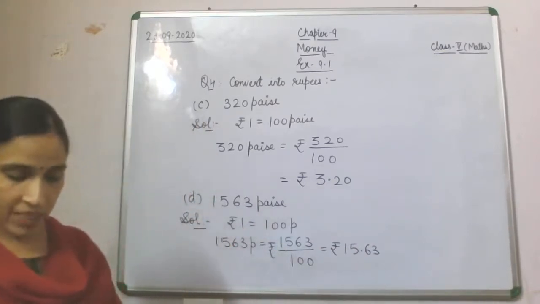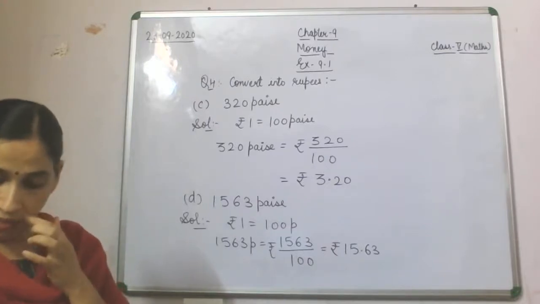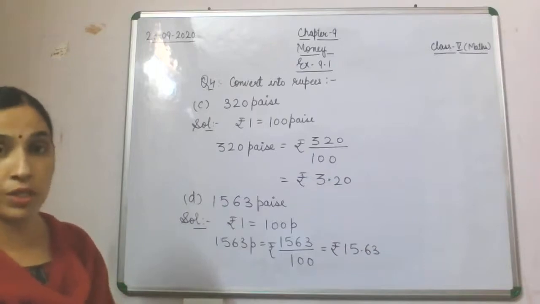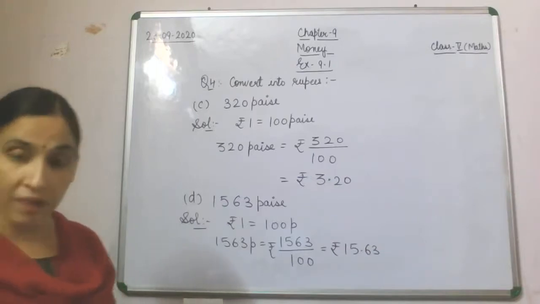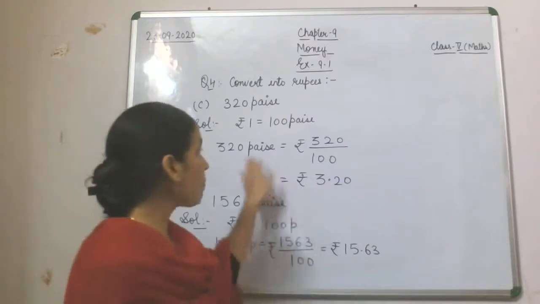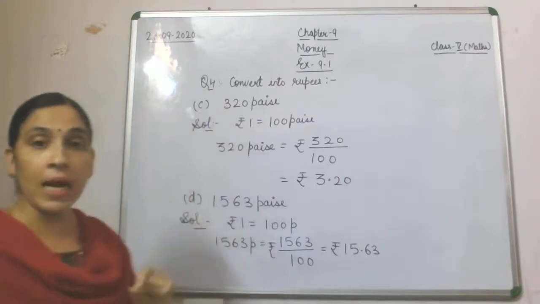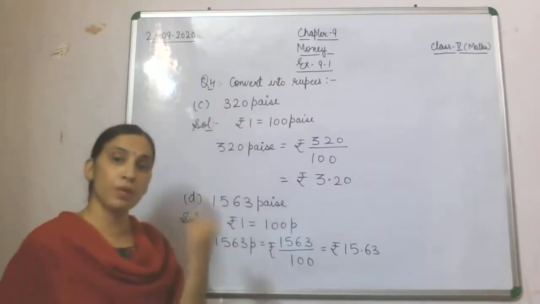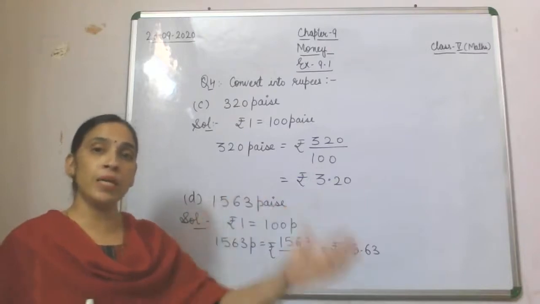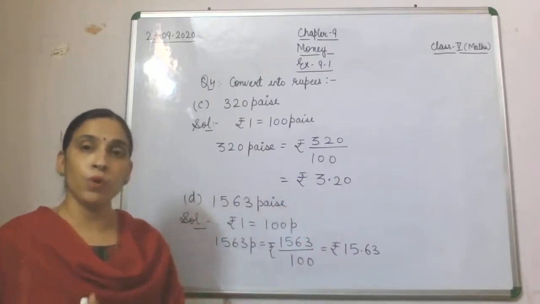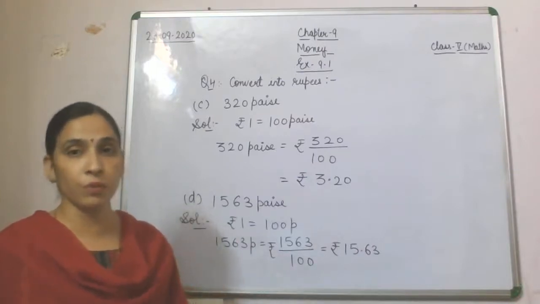So what we have seen in this question, let's understand it once again and then we will move to the next conversion. What is given here? The question is given in paise and that paise you are supposed to convert into rupees. Now we are going from a smaller unit to a bigger unit. For that, what are you supposed to do?